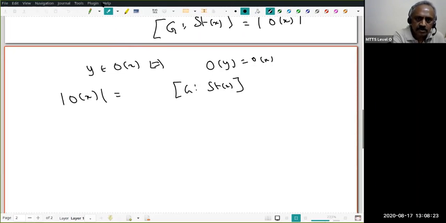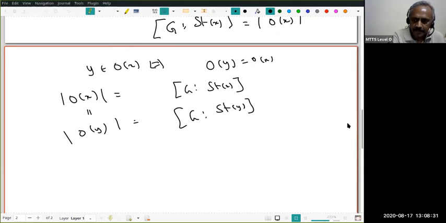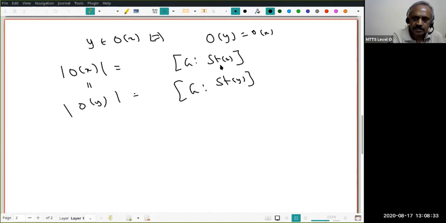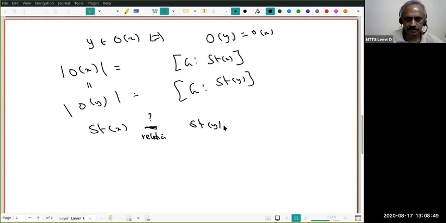But since it is also equal to O of y, this should also be equal to the index of G in the stabilizer of y. So is there any relation between the stabilizer of x and the stabilizer of y? Relation means only a relation, not an equivalence relation. Is there any relation between the stabilizer of x and the stabilizer of y? That's the question. But that's very easy.